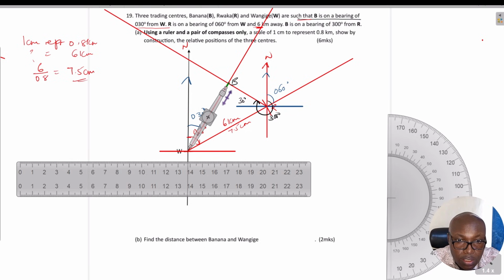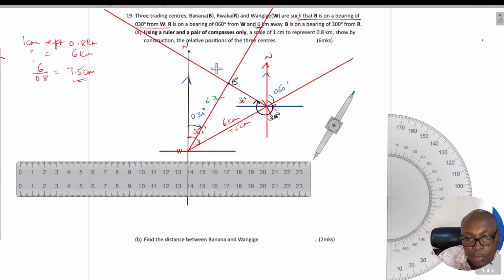I can see that this one is 6.7 centimeters. Yours might be slightly different from my workings, just slightly, because of the digital tools that I'm using. So this is 6.7 centimeters. Then you have to convert that.